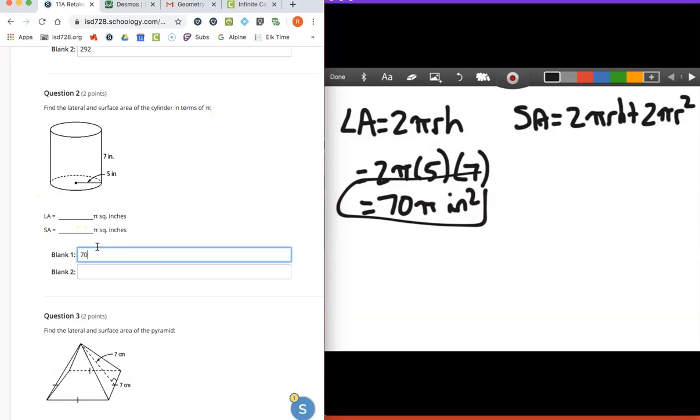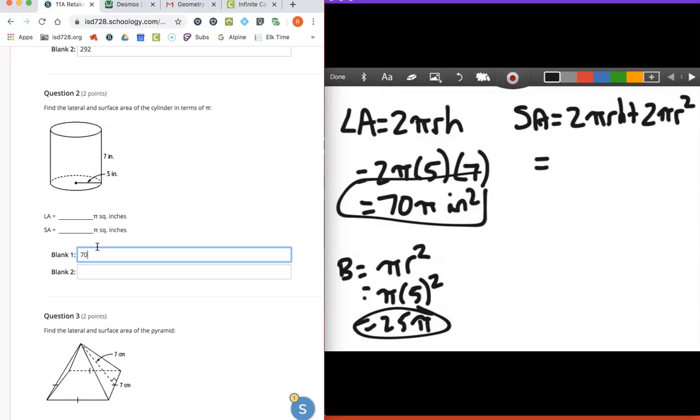Well then, if you want to think about B, that's pi r squared. Each circle is pi times 5 squared, which is 25 pi. So that's just one of the bases.